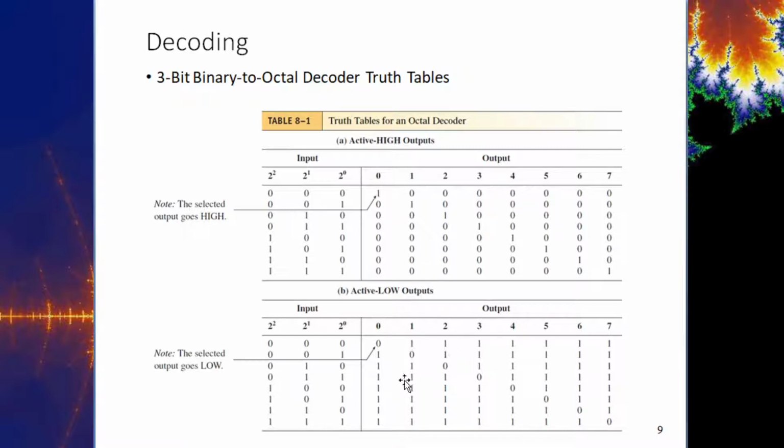If you get electromagnetic noise on a high, you can't make it more high. But if you remove the voltage, that's a definite change in state. That's why we like to use active low inputs and outputs.